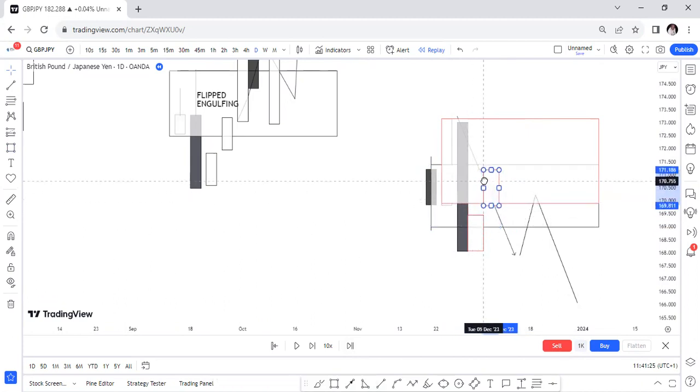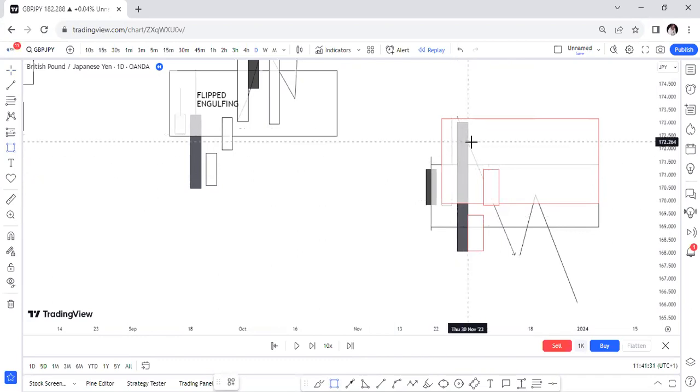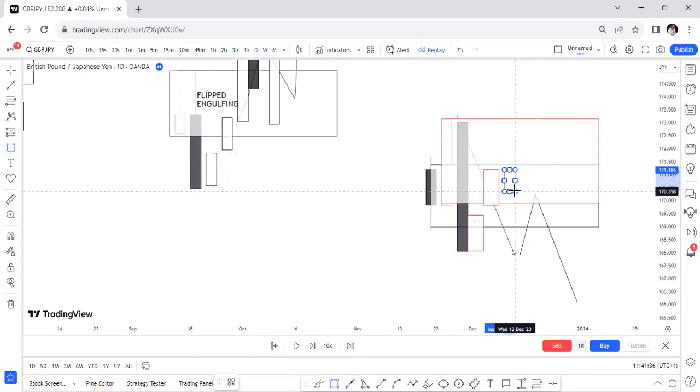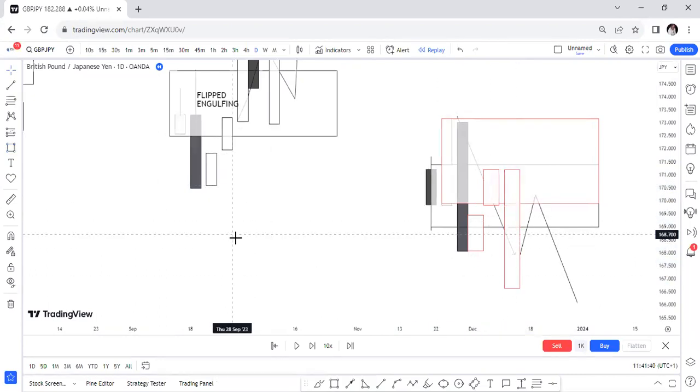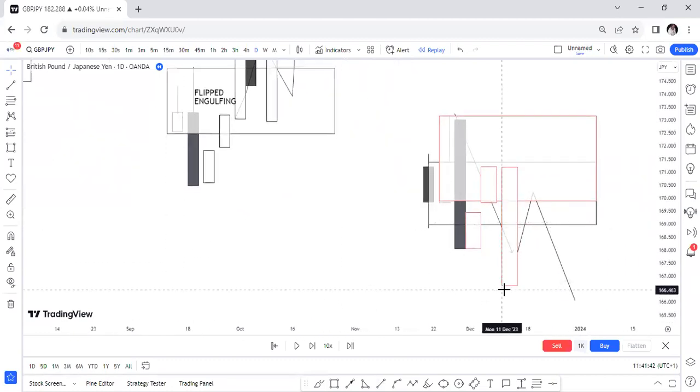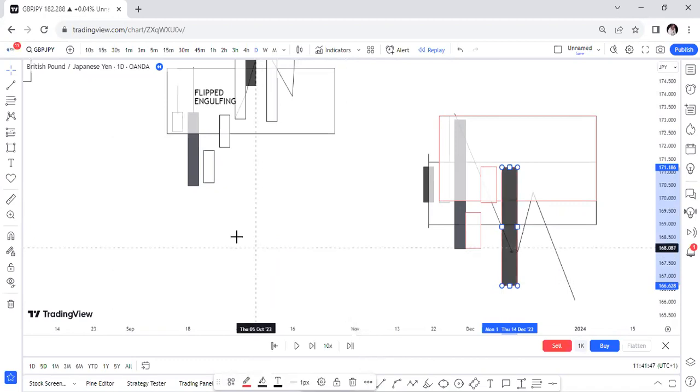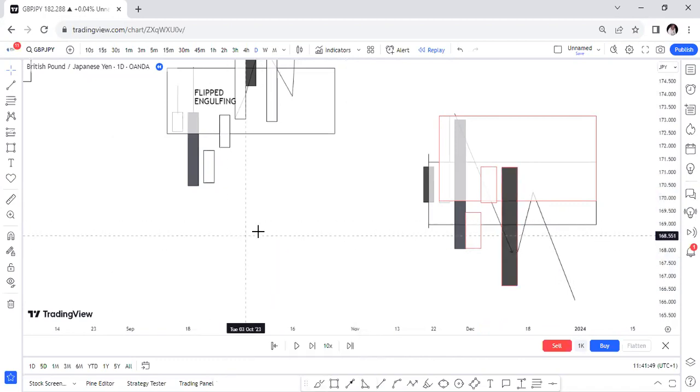Price will tap into this zone, and then start selling down, because this new engulfing pattern will be pushing it downward against going up. So you are no longer buying, you are selling. You are selling from here, from this new zone.